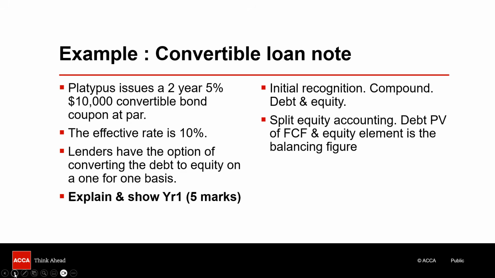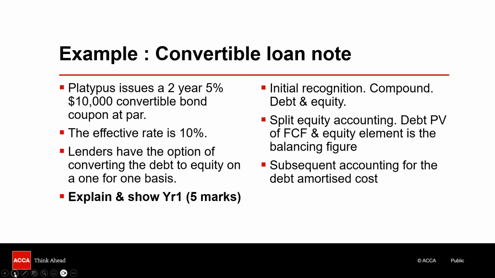We do that by measuring the debt element at the present value of the future cash flow, so that the equity element, which is so subjective, we value effectively as the balancing figure, as I'm about to illustrate in this particular question. Now, the subsequent accounting for the debt will be at amortized cost, and as we have already seen, the subsequent accounting for equity just doesn't really exist because it's not remeasured.